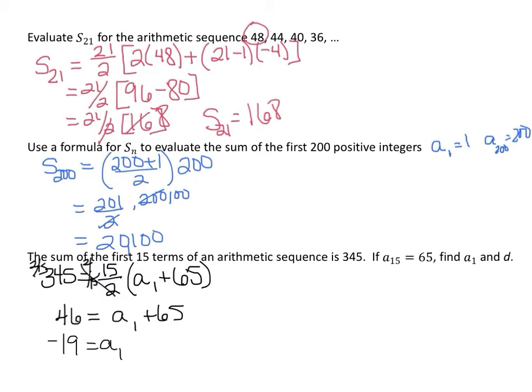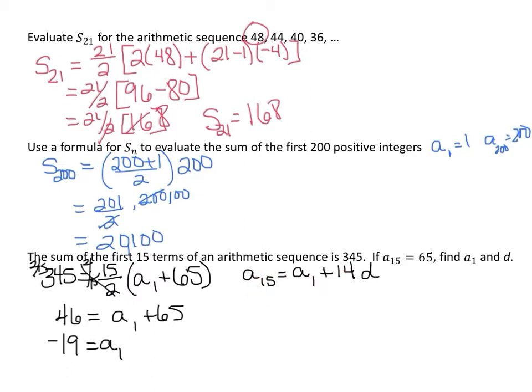The only way to find d is to use one of our other formulas. Remember that we have the formula that a sub 15 is equal to a sub 1 plus 14d, because 1 plus 14 has to equal 15.